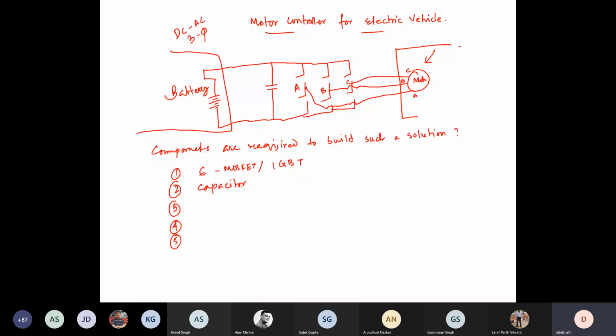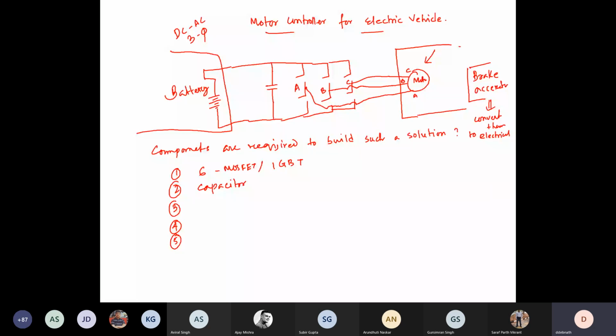So generally what happens in an electric vehicle, any bike or anything you operate, I need a brake command, I need an accelerator command, right? But these are kind of mechanical commands. So first you convert them into electrical signals and feed this information to a microcontroller or DSP, right?